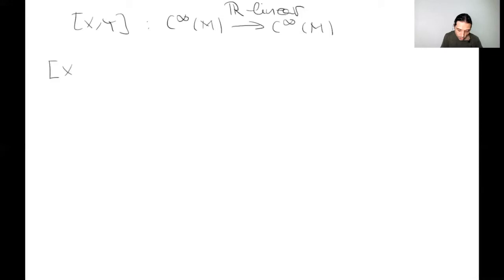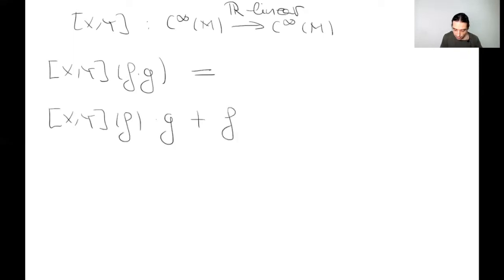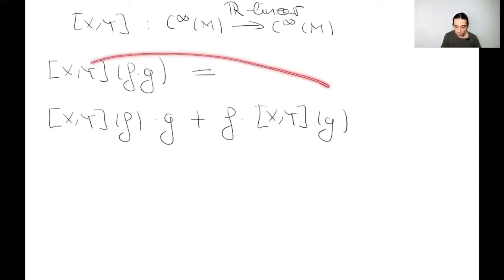What you have to show is that with our definition, the Lie bracket of X and Y applied to a product of two functions f times g is equal to the Lie bracket of X and Y applied to f, times g, plus f times the Lie bracket applied to g. And it is easy to see that this property holds. And so because of that, the Lie bracket of two derivations is going to be a derivation. And by using the identification between C-infinity vector fields and derivations of the space of C-infinity functions, we get the definition of the Lie bracket of two vector fields, okay?